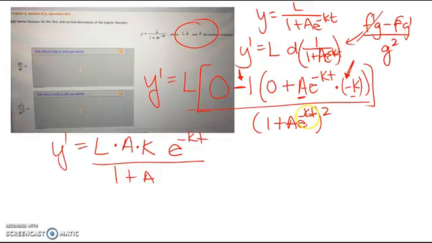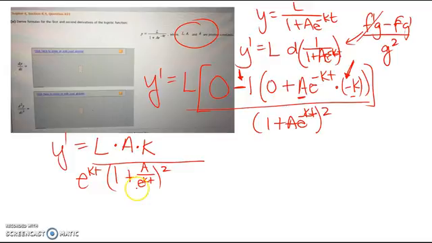Instead of writing it to the minus kt, I'm going to write it as 1 over e to the kt. I can do that, right? A negative exponent moves it into the denominator. So this is what I have.